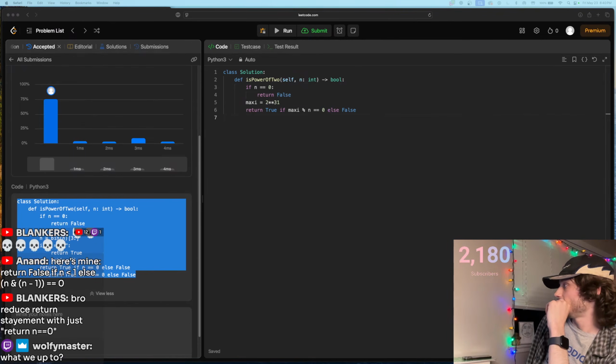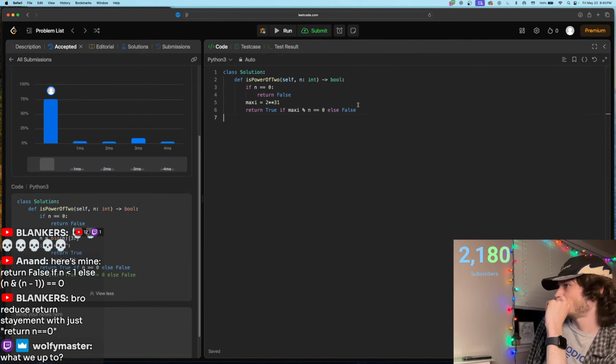Or you can do it my way, the other way I had, but we can clean it up even better and say return bin slice 3 equals string. If n is equal to 0, return false, else return bin n sliced is equal to a blank string. That works too?